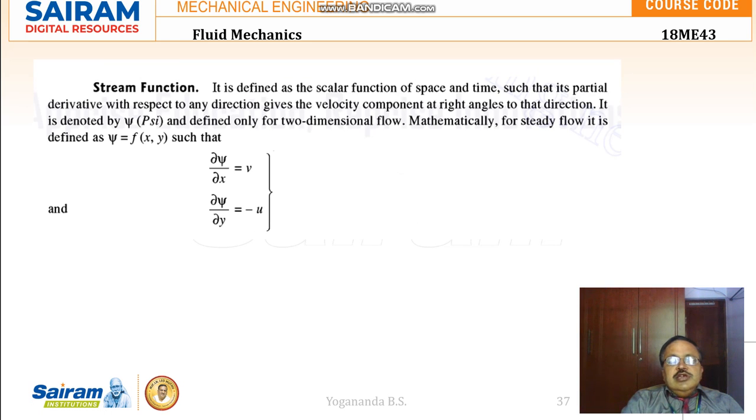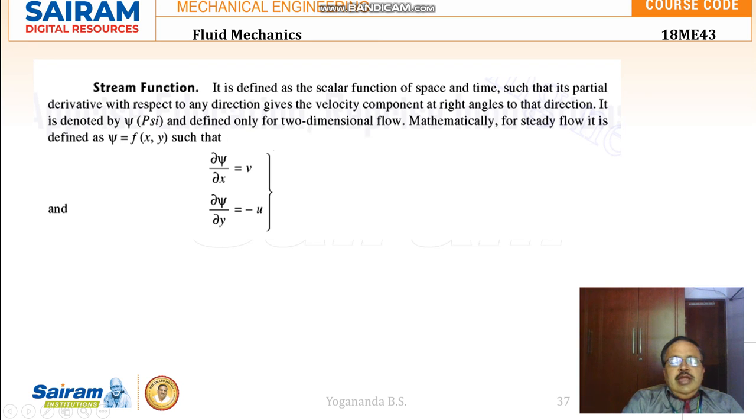Then the stream function. The stream function is a scalar function of space and time, denoted by the symbol psi, such that its partial derivative with respect to any direction gives the velocity component at right angles to that direction.